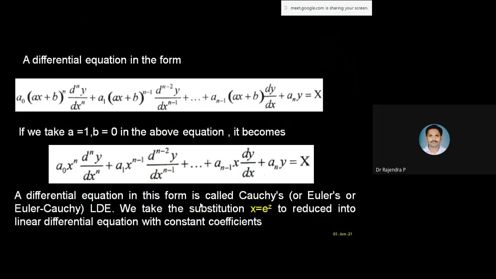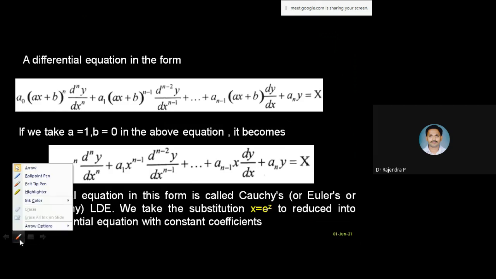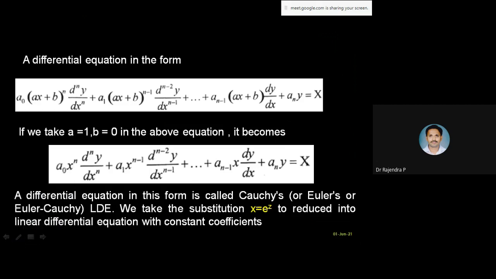So to solve your Cauchy's differential equation, we can take x is equal to e power z, and we can go ahead. When we are taking x is equal to e power z, or the same thing, log x is equal to z.